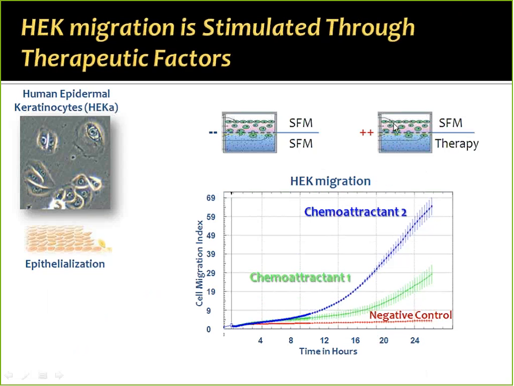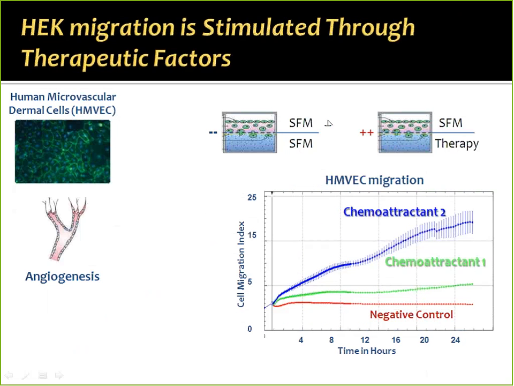And then we ask, is there a difference in migration for human epidermal keratinocytes? And what we can say is, indeed, with therapy we get a higher keratinocyte migration response versus no therapy. And of course, in red is a negative control, which is just serum-free media, both in the top chamber and in the bottom chamber.